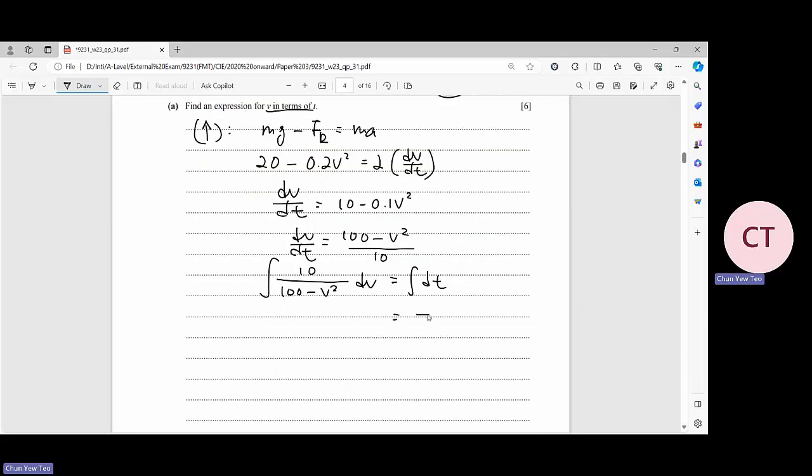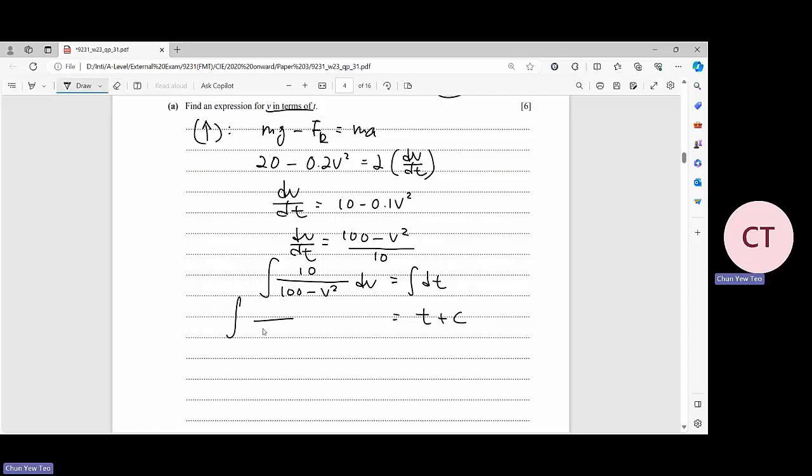This one integrates directly, you get t plus c. This one, I need to do the partial fractions. You can actually integrate directly from the formula booklet MM19, but I will use partial fractions to split them.